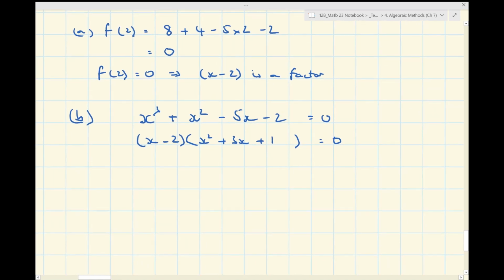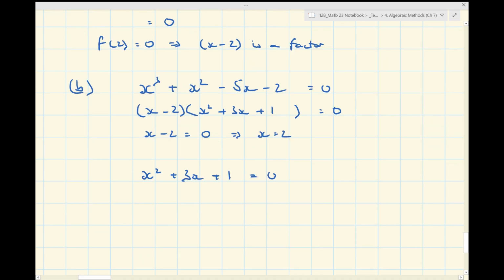So I'm going to have my solutions when x minus 2 equals 0, which would imply that x equals 2, or of course, when x squared plus 3x plus 1 equals 0.